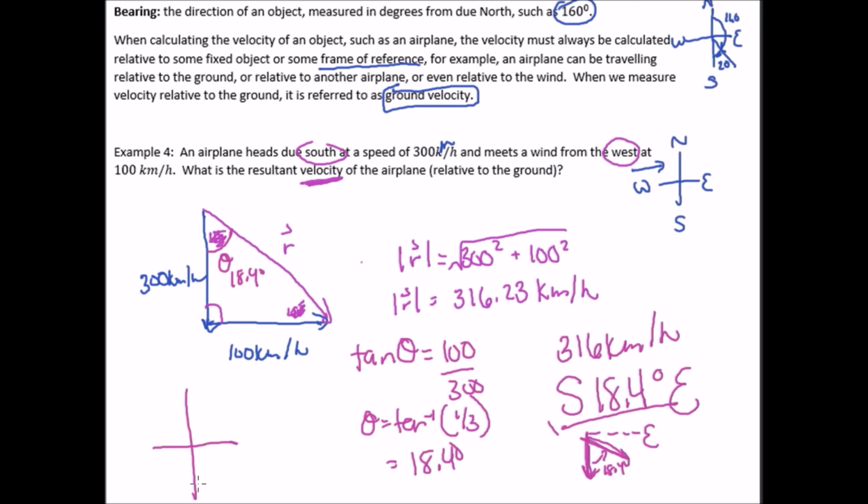Because it's 18.4 here, we can do 180 minus 18.4, and we get 161.6. So we can also express our answer as the plane is moving 316 kilometers per hour at 161.6 degrees.